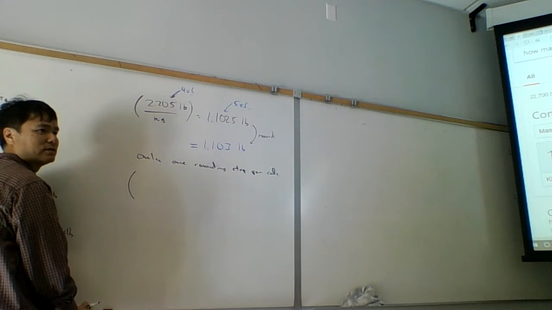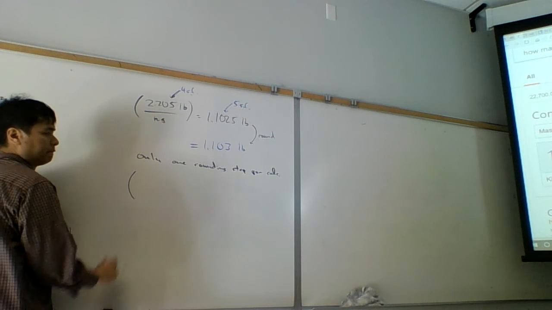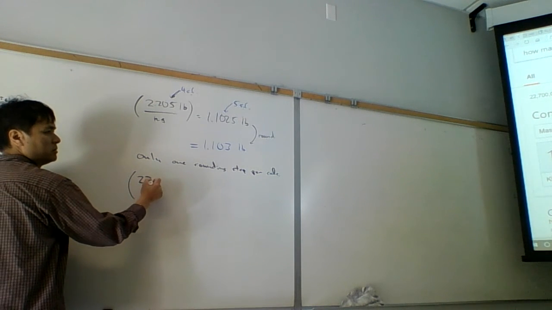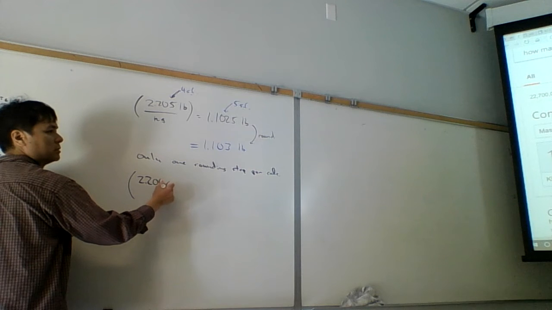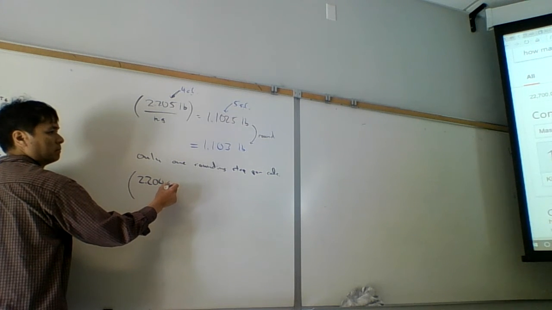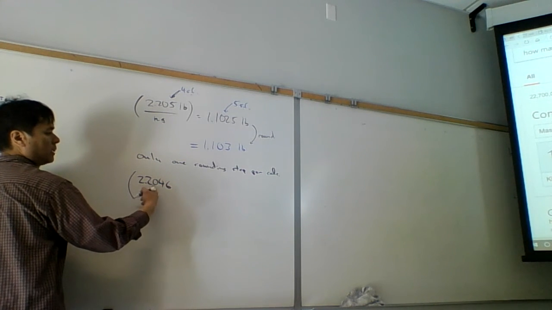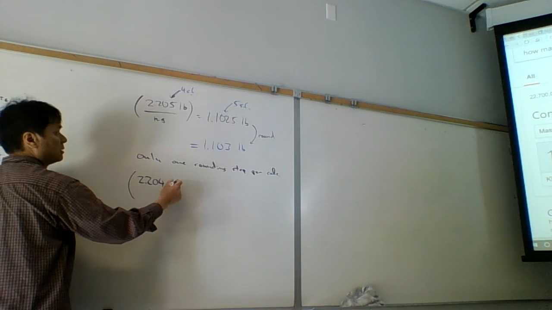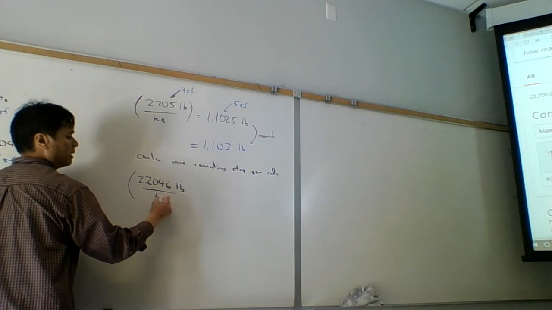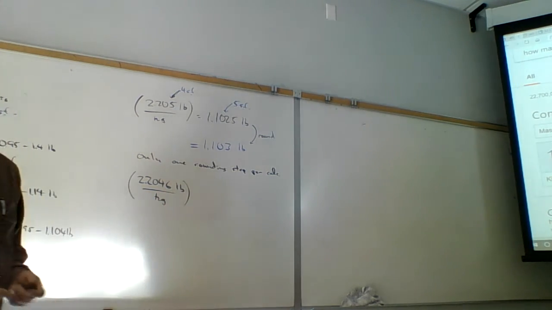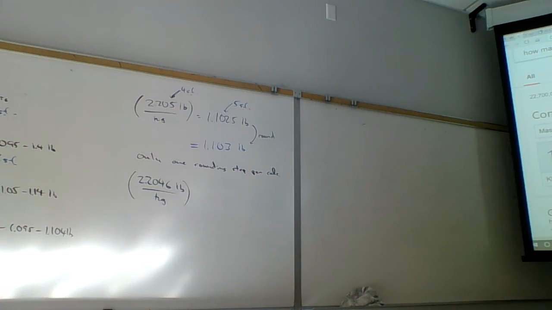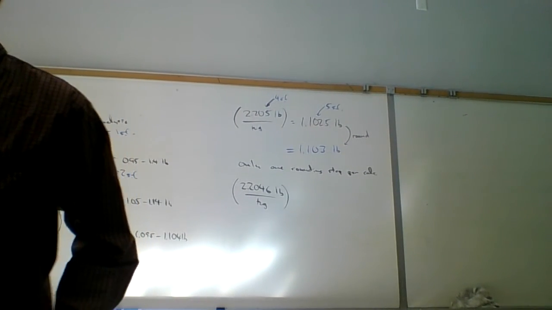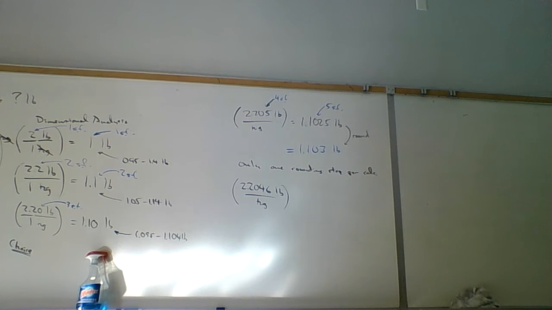If this is to 4 sig figs, how would I write that to 5 sig figs? What would it be to 5 sig figs? It would be 2.2046 pounds per kilogram. So this is something I always think about. If you're shipping a package or something like that, I was always curious what UPS uses.